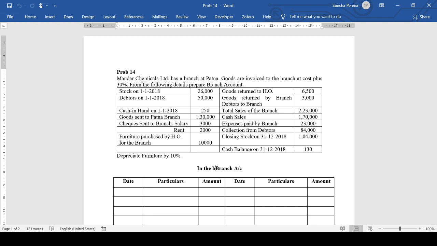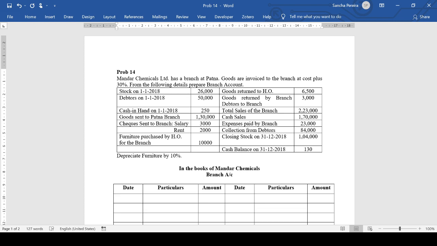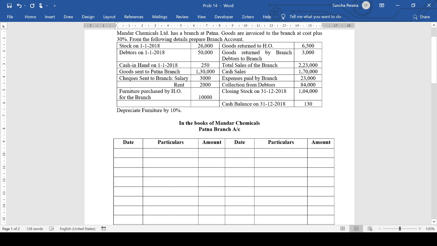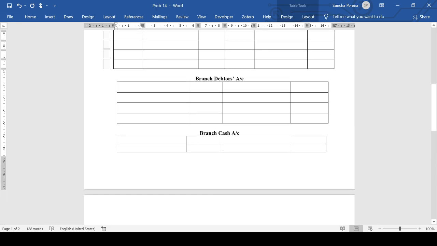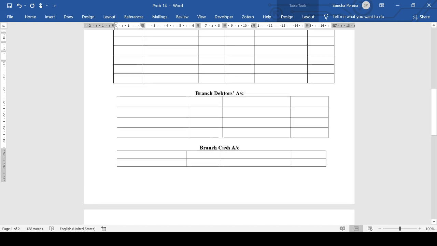In the books of Mandar Chemicals, Patna branch account. So we have the opening balances on the first. Besides that, we have the branch debtors and the branch cash.